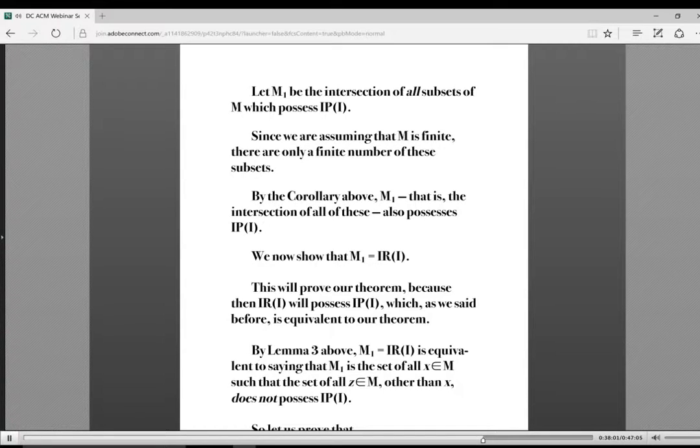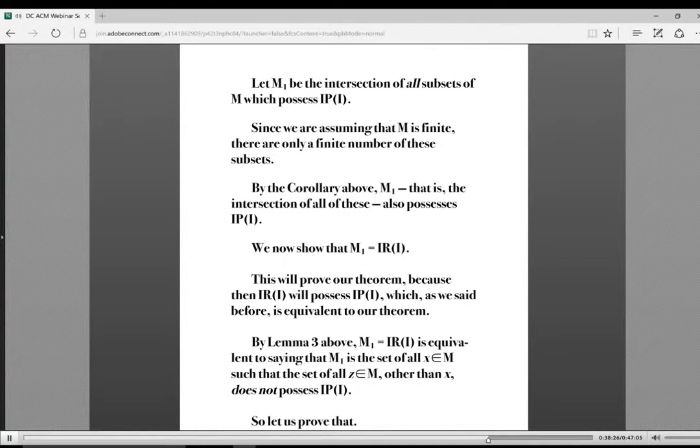By the corollary above, M1, that is, the intersection of all of these, also possesses IP of I. We now show that M1 equals the input region of I. This will prove our theorem because then IR of I will possess IP of I, which, as we said before, is equivalent to our theorem.